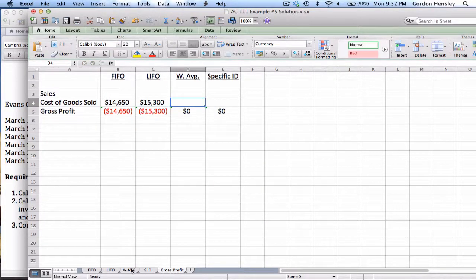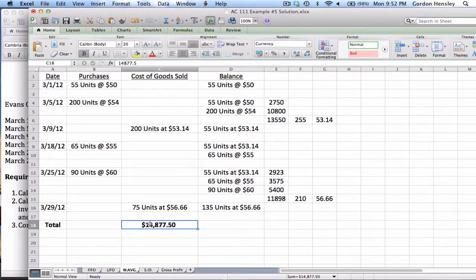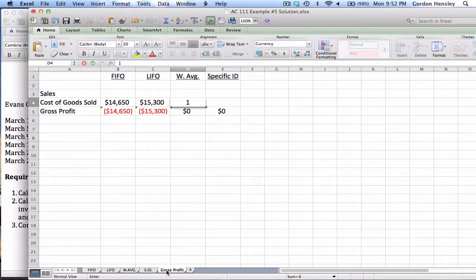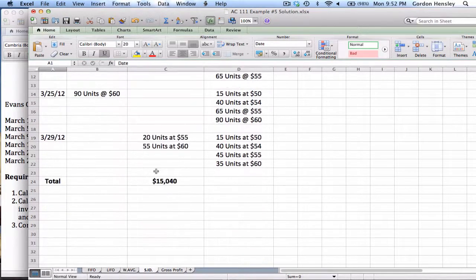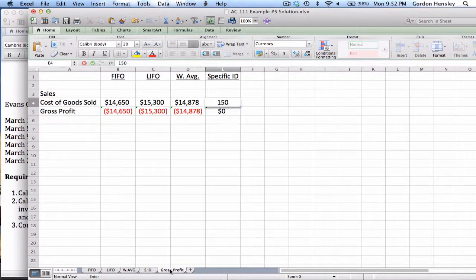Under weighted average, I got $14,877.50, or it's rounding it up to the dollar. And then under specific identification, I got $15,040. So I literally just take my cost of goods sold from the different versions of this that I did under these different methods.